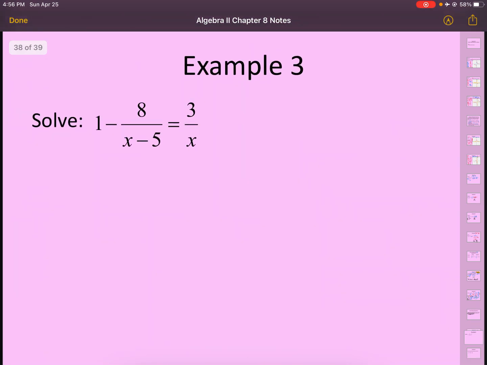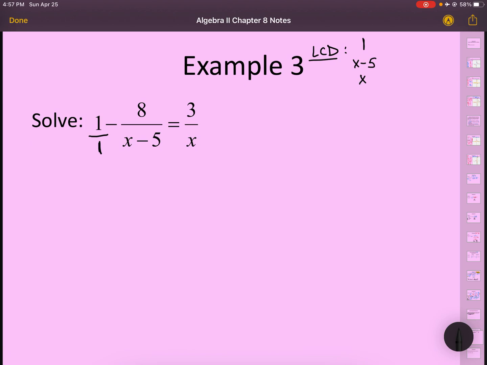And example 3, we're going to do the same thing. We're going to start out by figuring out a least common denominator for these. So if I think about LCD, well, my denominators right now, if I think about this 1 over 1 is still 1. So I have a denominator of 1, I have a denominator of x minus 5, and of x.